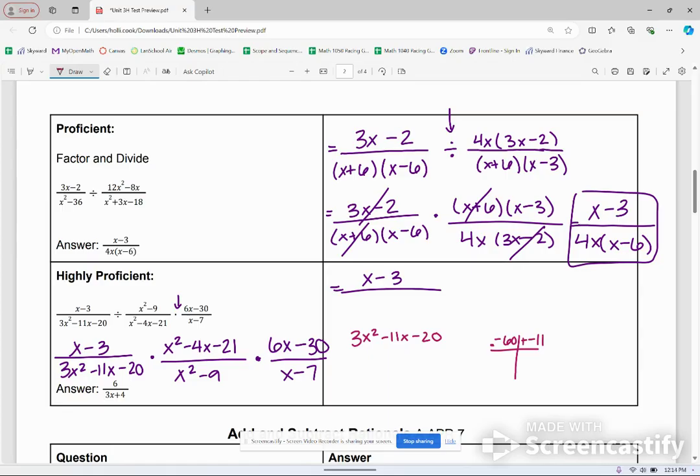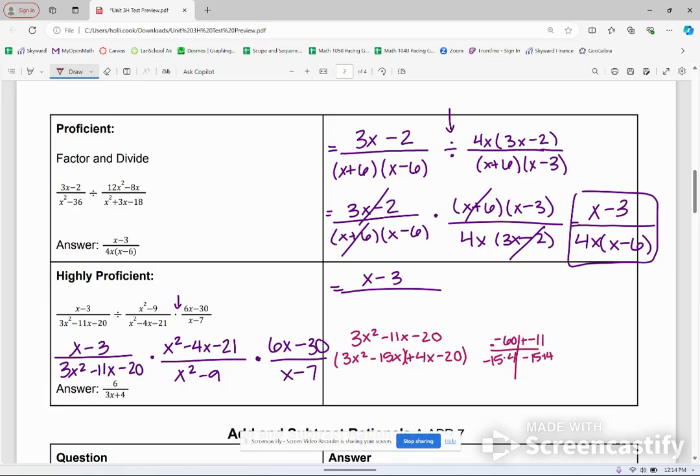Negative 15 and 4. Okay, so we have 3x squared minus 15x plus 4x minus 20. Then we can go ahead and do our factoring.